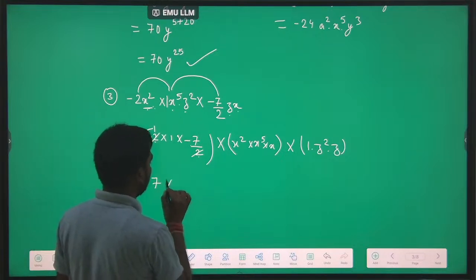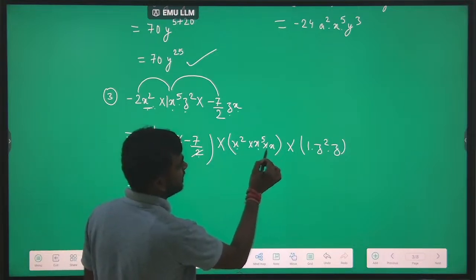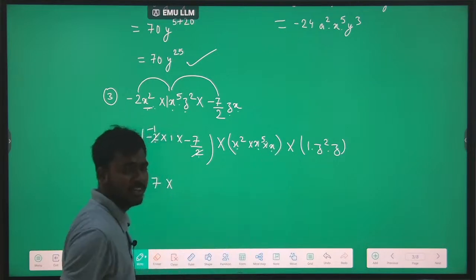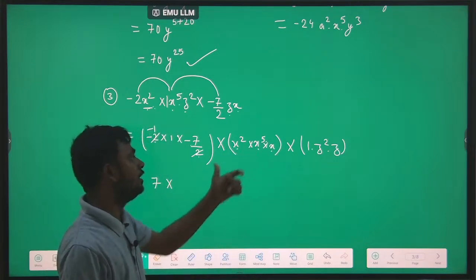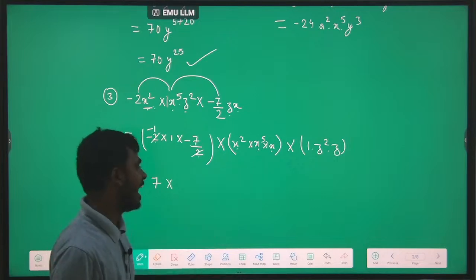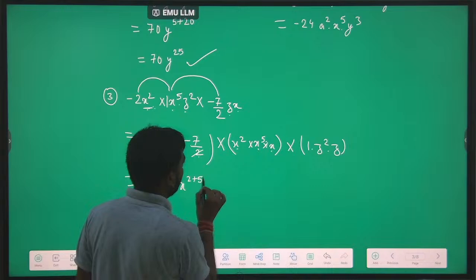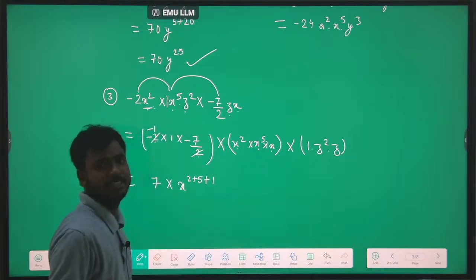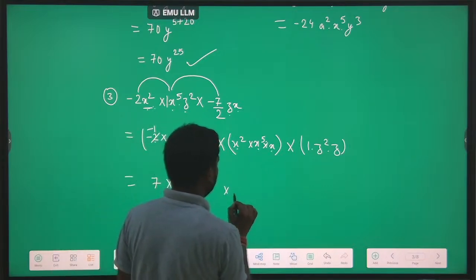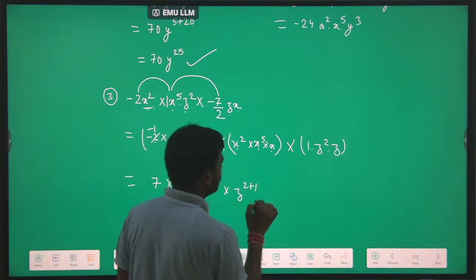So 7 multiplied with, bases are same and powers are different under multiplication. What we will do? Powers will be added. So it will be x to the power 2 plus 5 plus 1. Okay. Similarly for z, it will be z to the power 2 plus 1.